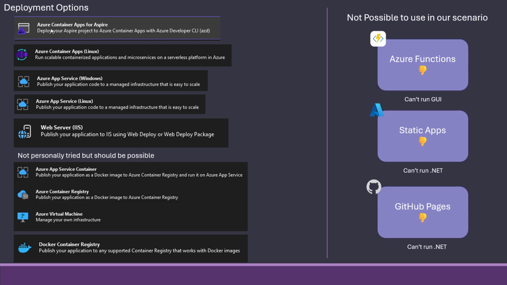So there's Azure Container Apps for Aspire, because we use Aspire. It has a specific one, so we can get the dashboard up in the cloud as well. We can use container apps in general. We could use Windows Server app services, either for Windows or Linux. We could host it on our own web server, the Internet Information Server machine. There's nothing special here that couldn't run there.